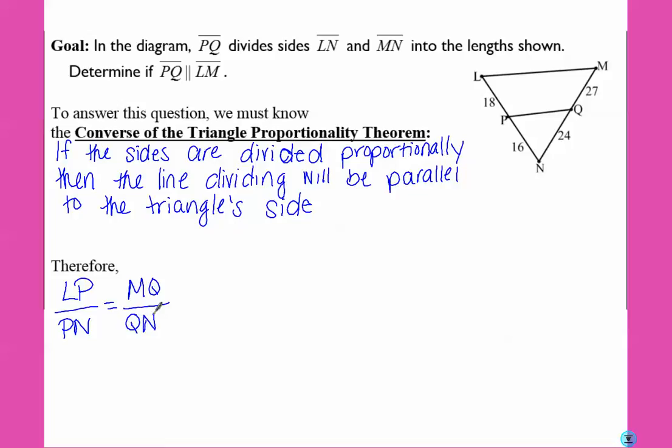So let's plug in the information we were given. 18 for LP, PN is 16. What does that simplify to? It simplifies to 9 over 8. I'm going to put a question mark here just so we're saying we're questioning, are they equal?